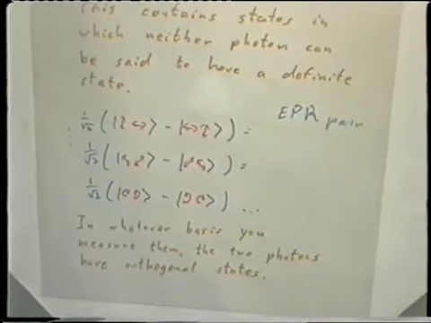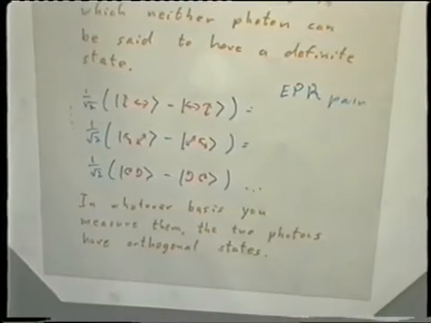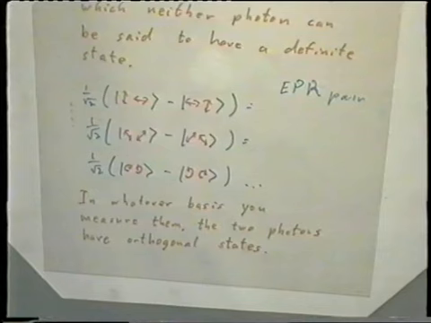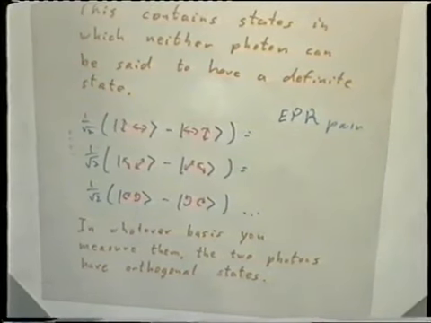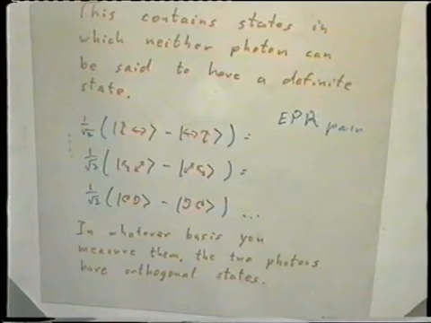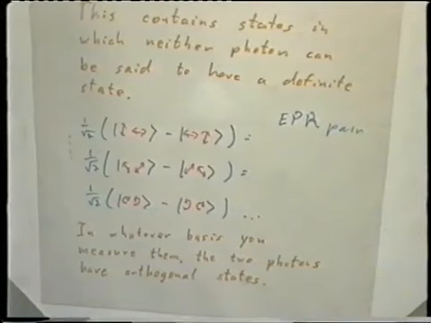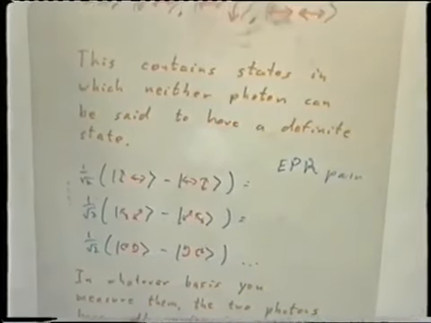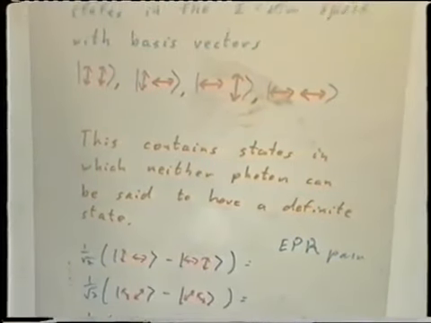So you get the state 1 over root 2 (up, down, minus, down, up), or vertical, horizontal, minus horizontal, vertical. And this is an EPR pair. These two photons are said to be entangled, which means there's some funny, non-local quantum correlation between them. We're going to be using entangled states exactly like this later in the talk, so don't forget about them.